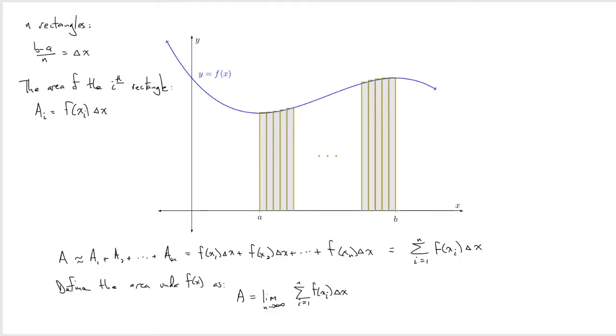In other words, the limit as you go to taking infinitely many, infinitesimally thin rectangles, so the limit as n goes to infinity of this sum of the areas of these rectangles. And if this limit exists, then we call it the definite integral from a to b of f of x with respect to x. And the notation for it is as you see right over here.